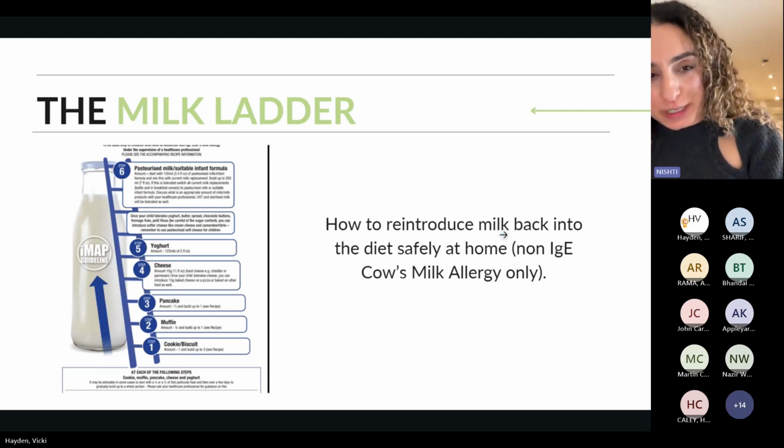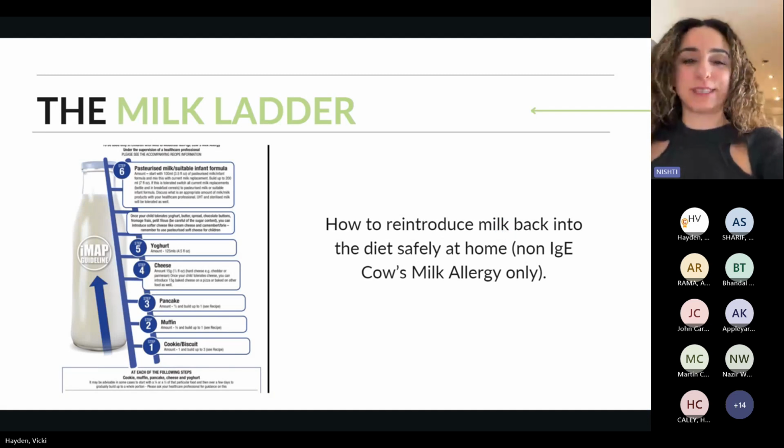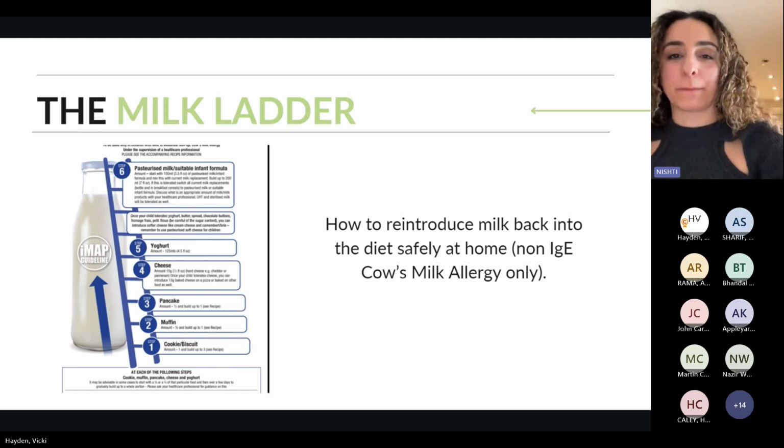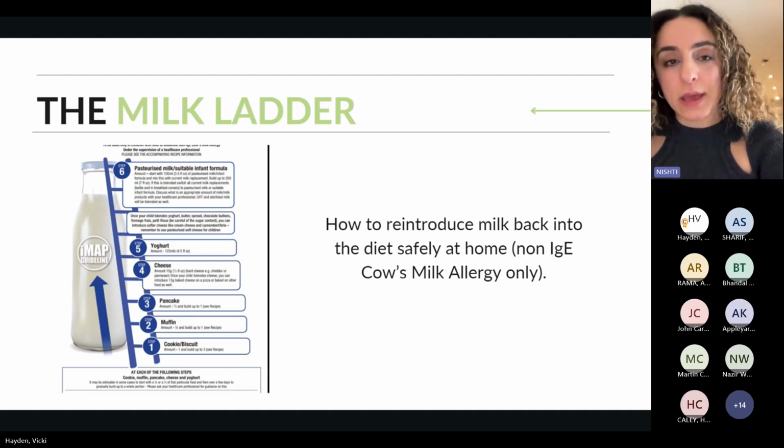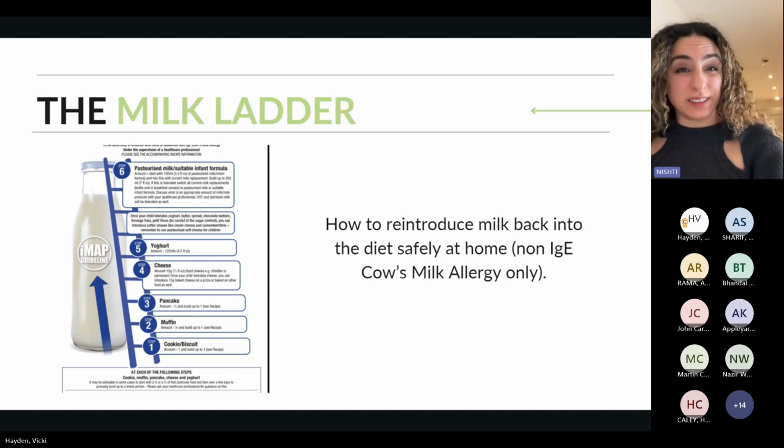And I'm sure you've all seen the milk ladder. It used to be 12 steps. Now it's 6 steps. And I usually add another step, so 6.5, especially when you go from pancake to cheese. I advise parents to do cooked cheese first, but it actually really depends on the child and who I'm working with and the parents and anxiety levels.